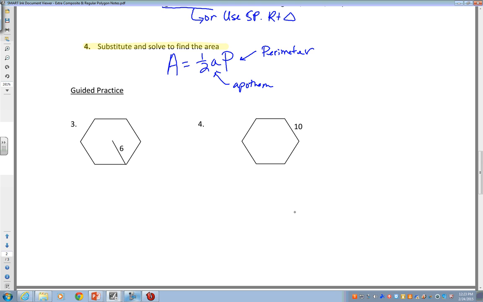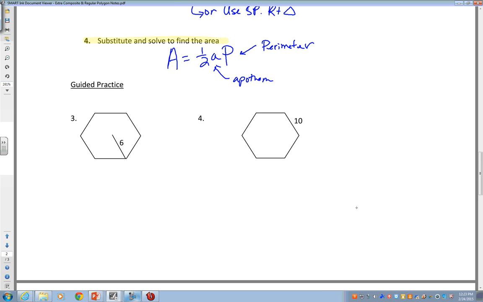Okay, so here are our guided practice problems. The first thing you have to do is use this formula, 1/2 times 360 divided by n, because you have to find the vertex angle. That is our first step always, unless it's given to us, which it will not be, so you have to do it.